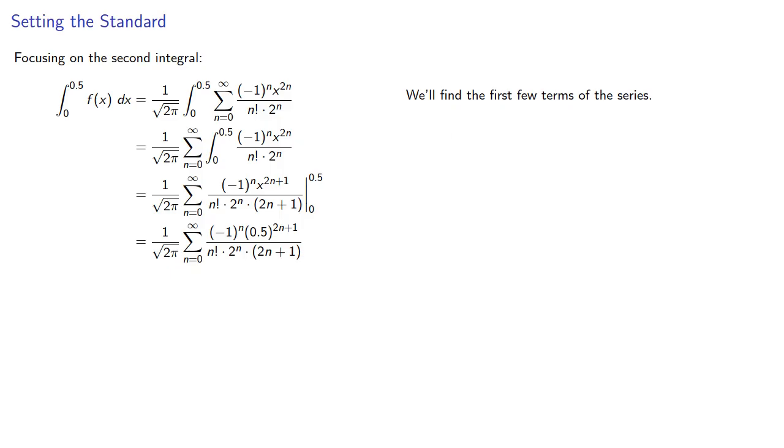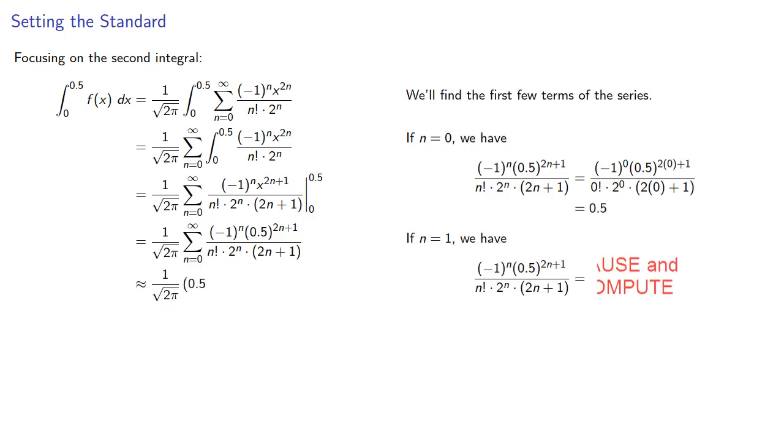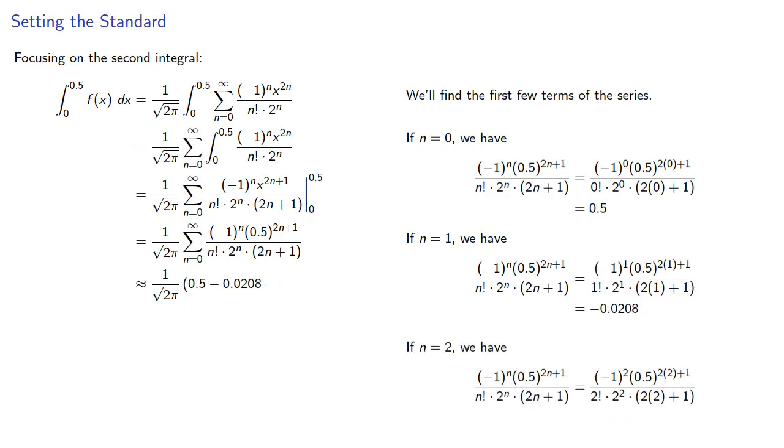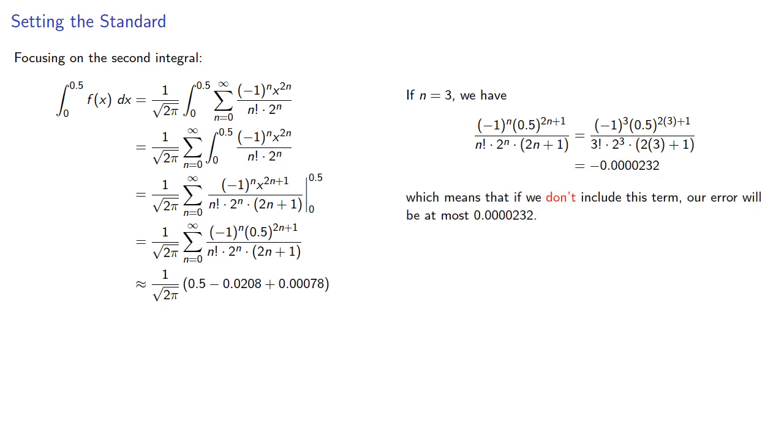If n equals 0, we have if n equals 1, we have if n equals 2, we have if n equals 3, we have and again, since this is an alternating series, if we don't include this term, our error will be at most the absolute value of this term, and that would give us a value that's correct to 4 decimal places.